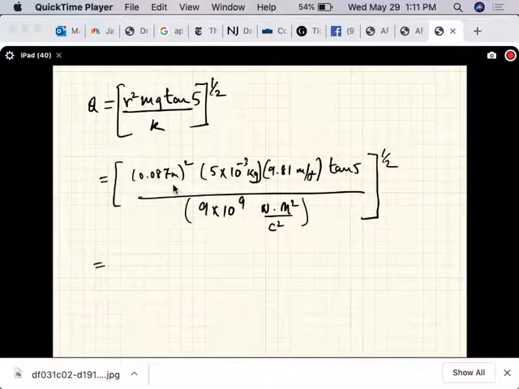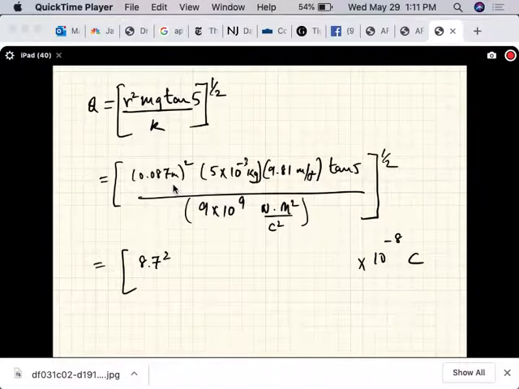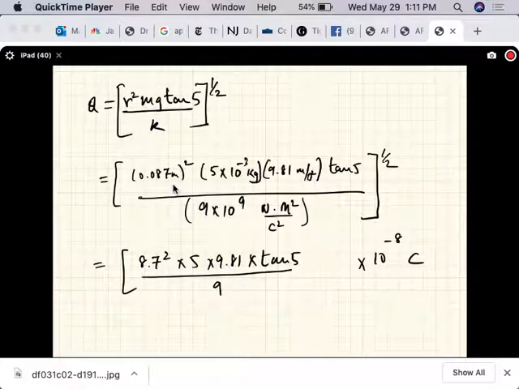To the power of half is 10 minus 8. I hope you all got all of that. And so now it's 8.7 square into 5 into 9.81 into tan phi divided by 9, to the power half. That's what it works out to.